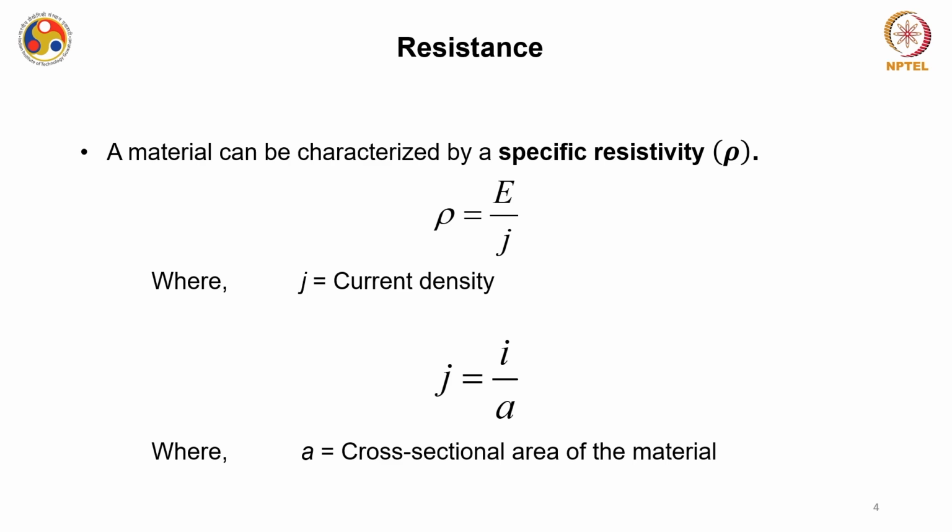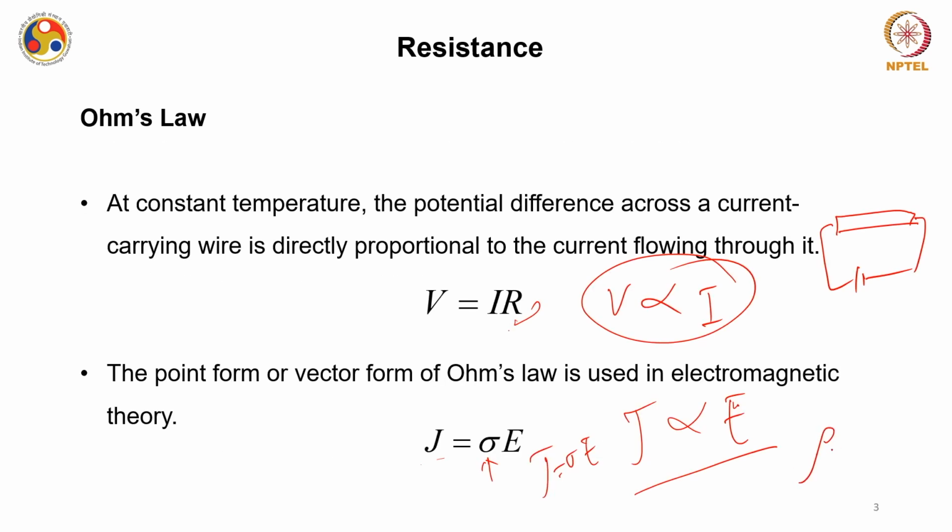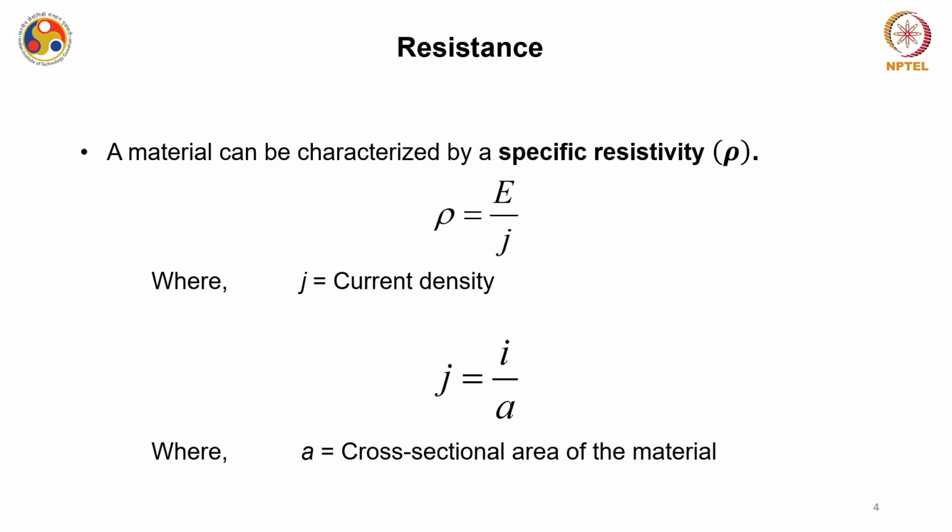We know that resistivity rho is related to this conductivity as rho is equal to 1 by sigma, where rho is your resistivity. A material can be characterized by specific resistivity rho, or sometimes we also call it resistivity.